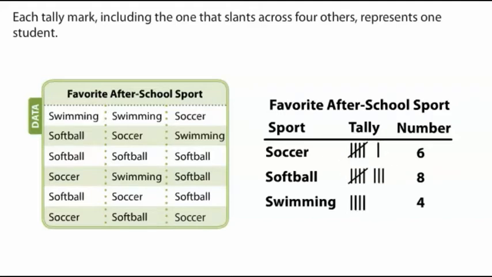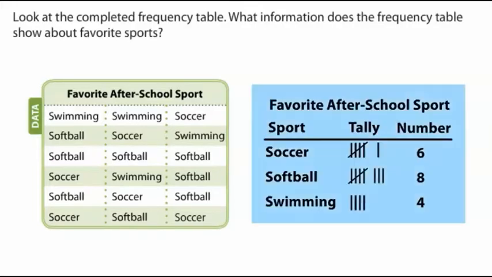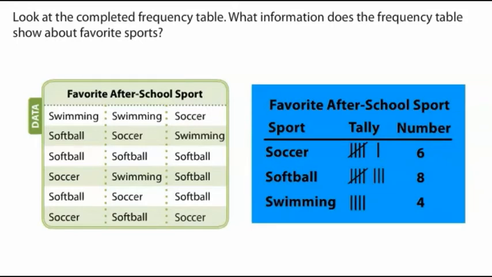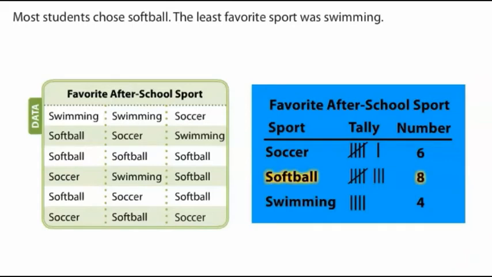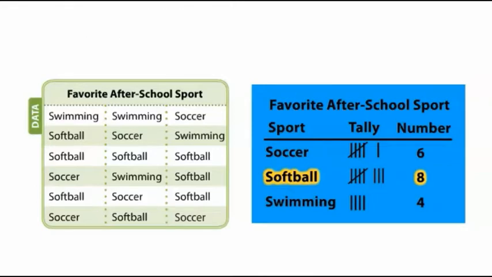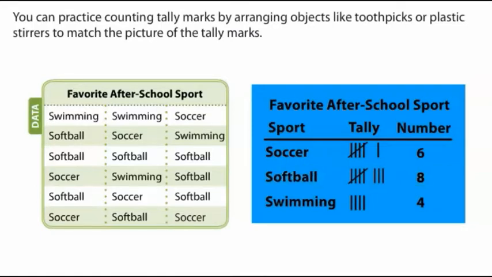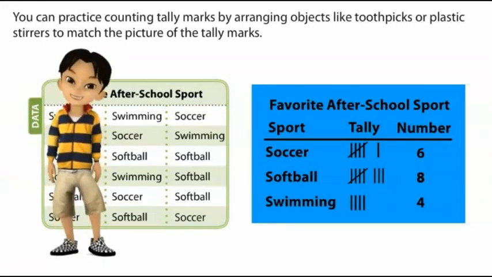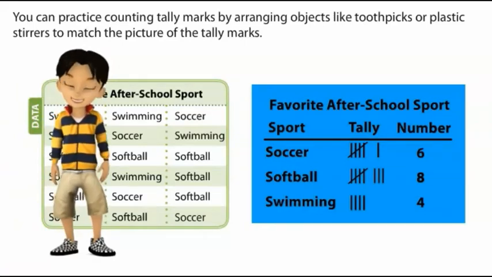Each tally mark, including the one that slants across 4 others, represents 1 student. Look at the completed frequency table. What information does the frequency table show about favorite sports? Most students chose softball. The least favorite sport was swimming. You can practice counting tally marks by arranging objects like toothpicks or plastic stirrers to match the picture of the tally marks.